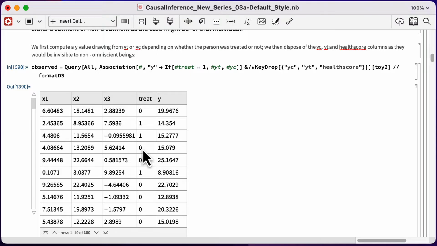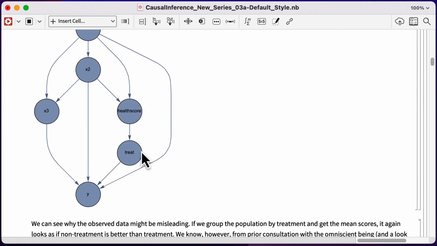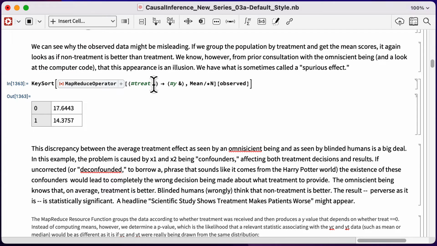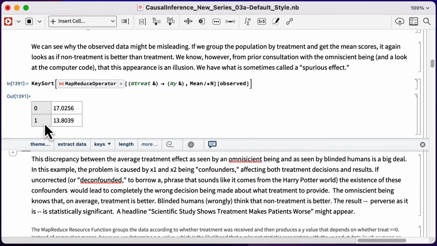And now, if we looked at the average treatment effect, we would see that it was negative, that treatment was a bad idea, that it went down from 17.02 in this example to 13.8.